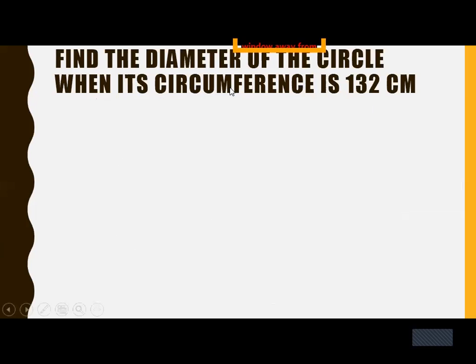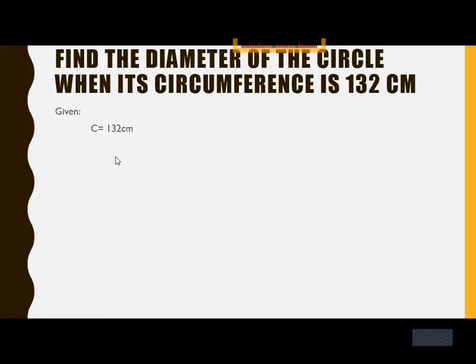Now, how can we solve this question? I told you that first we have to write the given. The first heading must be Given. Given means what is given in this question? We have to find the diameter, and the circumference is given and also the pi value is given.